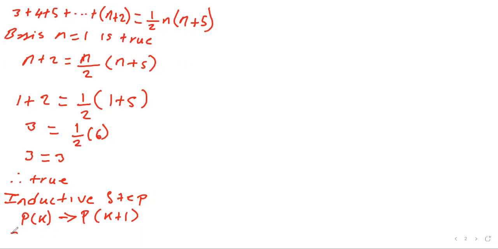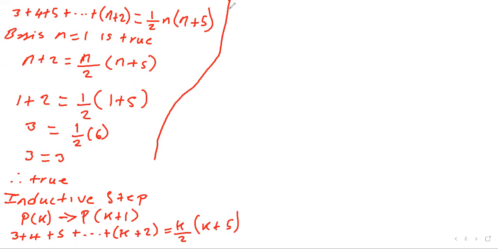So we're going to have 3 + 4 + 5 + ... When we see n, put k, + 2, equal to k over 2 times (k + 5). All right, so that is P of k.